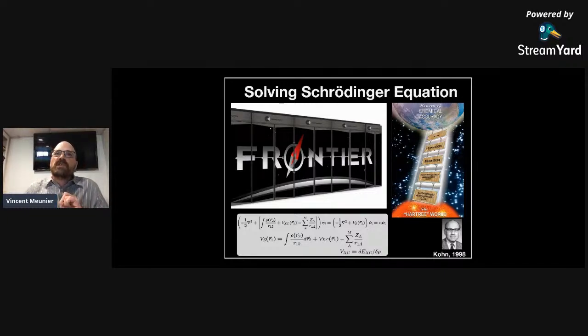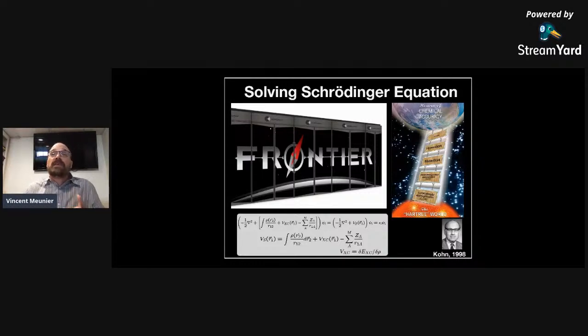The point is that we can solve these equations now numerically, thanks to a lot of development in the theory of quantum mechanics. For example, the work on density functional theory, which was developed by Walter Kohn in the 1990s, and he also got a Nobel Prize in chemistry for this development, along with people who developed quantum chemistry work.